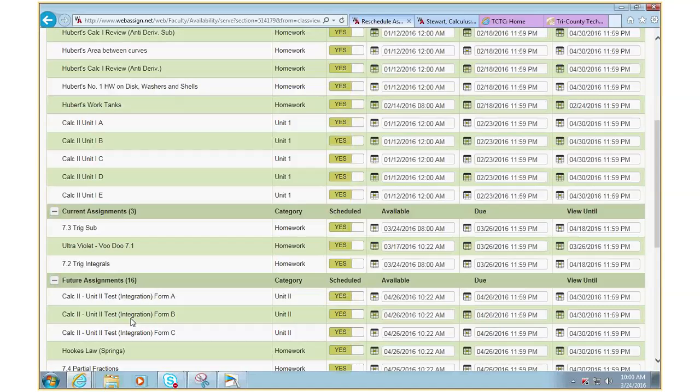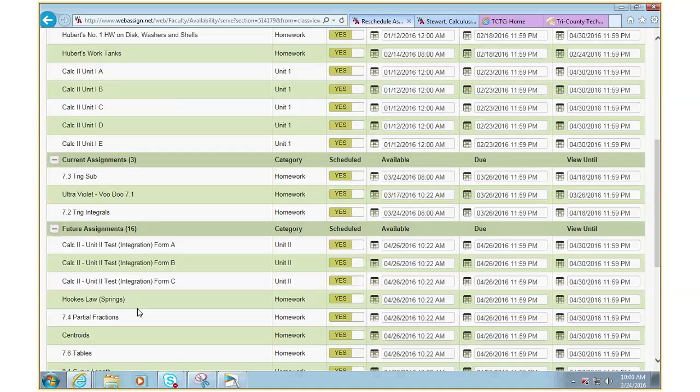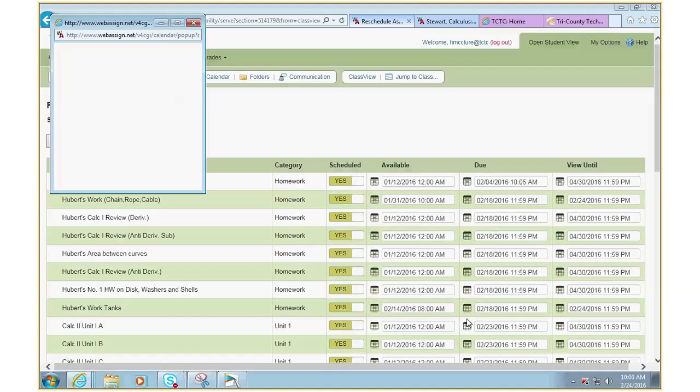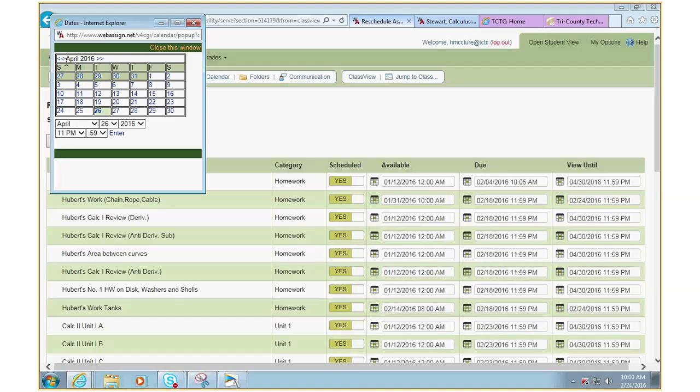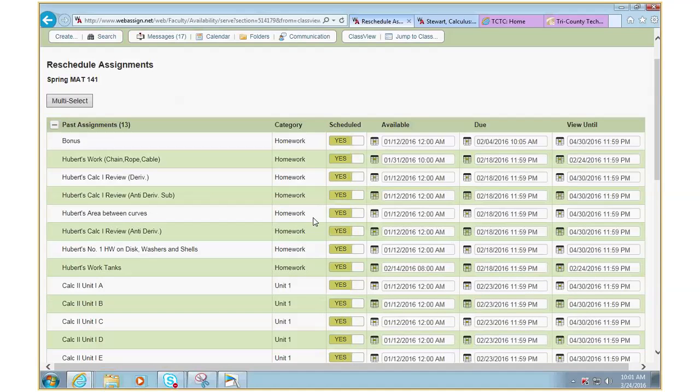Partial fractions. Okay, I need to make it view. I know view is on the 26th. So I need to make it view on the 26th. It's already set to due on the 26th, but you have to make it available today.